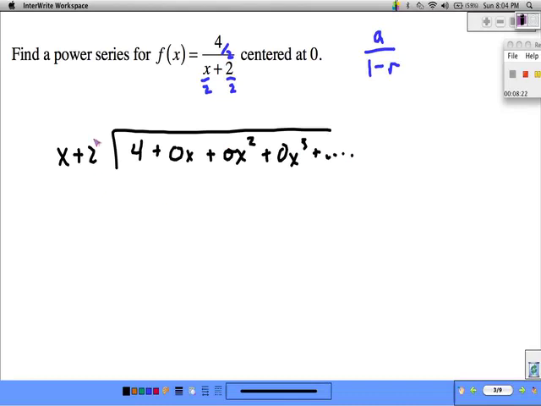And I'm actually going to change the order just a little bit here. 2 plus x. I want the 2 to become the 4. So to get that I need to multiply by 2. And then I come back to multiply 4 plus 2x. Subtract.